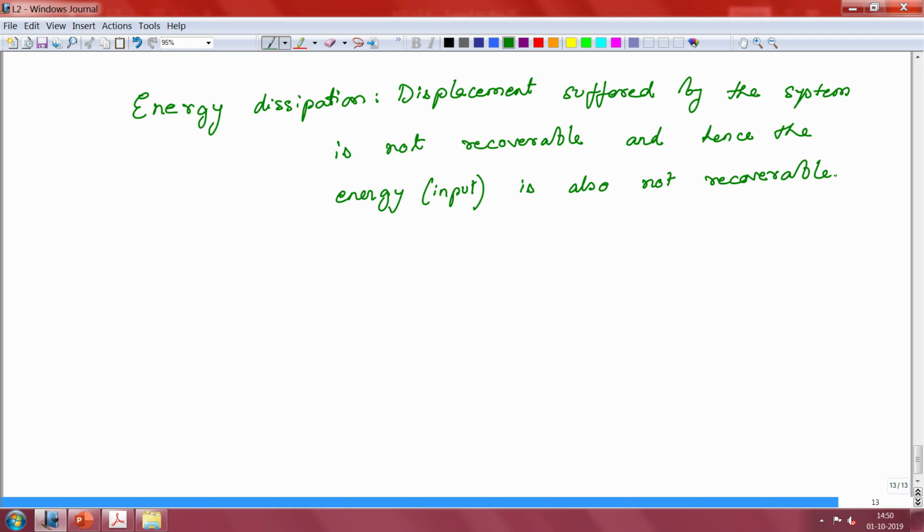If the energy is not recoverable, what has happened to it? It has been lost through dissipation. So, energy has actually been lost through dissipation.